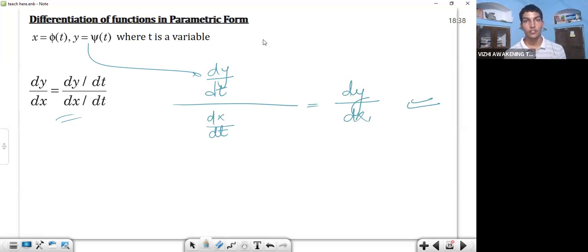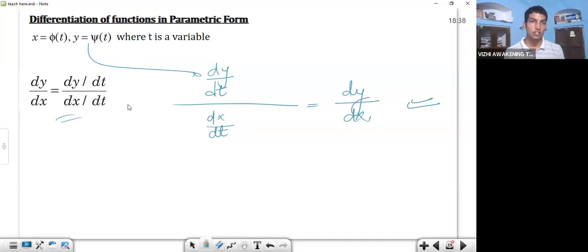This is the differentiation of function in parametric form, where there is a parameter t common in both functions y and x, and due to that there will be a respective change in y when we have some change in x. Okay, is that clear?